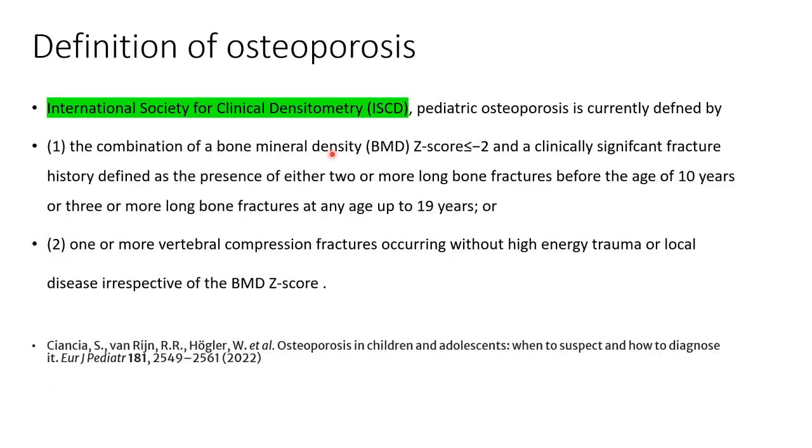How has the International Society for Clinical Densitometry defined osteoporosis? Pediatric osteoporosis is currently defined by a Z score of less than or equal to -2, but it should be associated with a clinically significant fracture history, defined as either 2 or more long bone fractures before the age of 10 years, or 3 or more long bone fractures at any age up to 19 years.